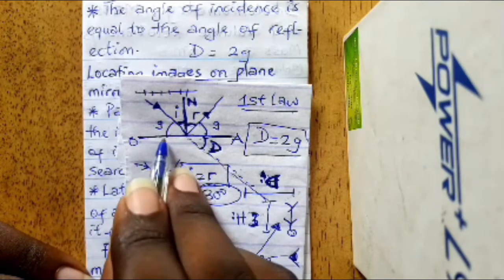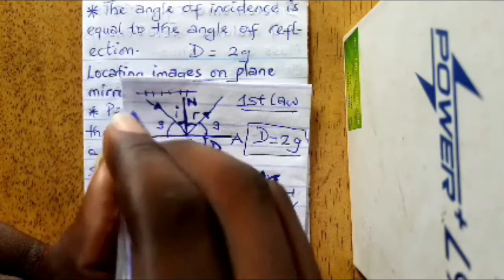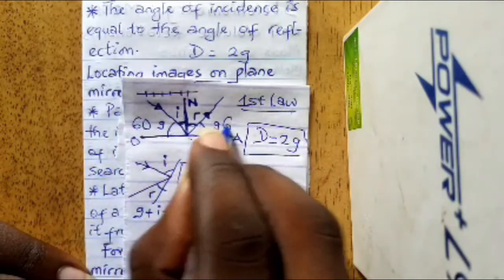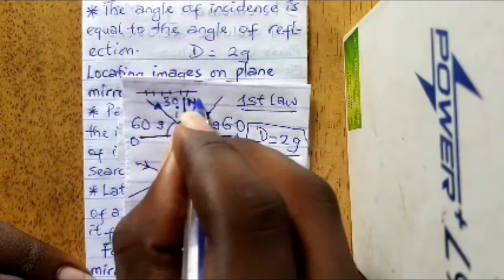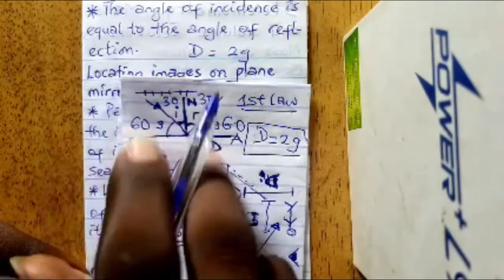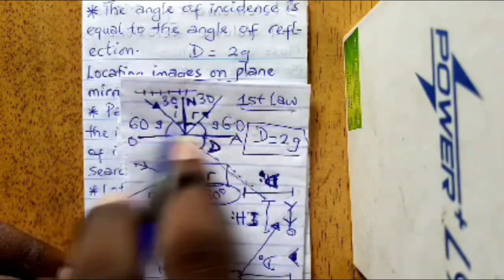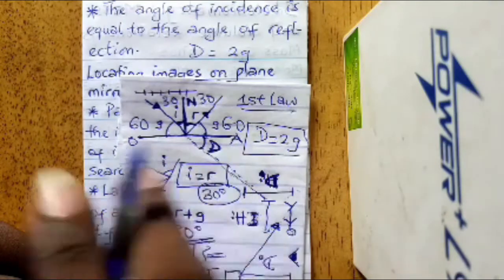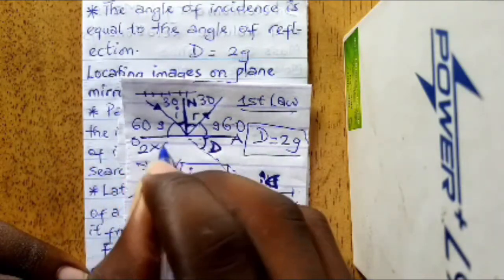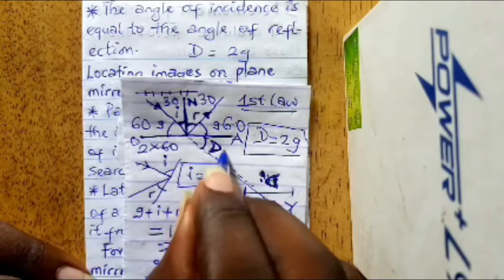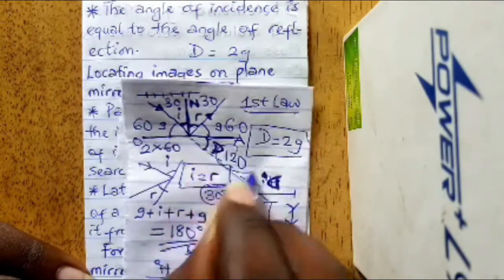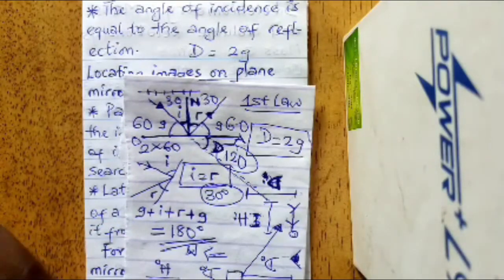Meaning each angle of glance should be 60, and this was 30, this was 30, so that gives us 180. If our angle of glance is 60 degrees, our angle of deviation automatically becomes 2 multiplied by 60, which gives us 120 degrees. So this is a simple relationship between the angle of incidence, angle of reflection, the angle of glance, and the angle of deviation.